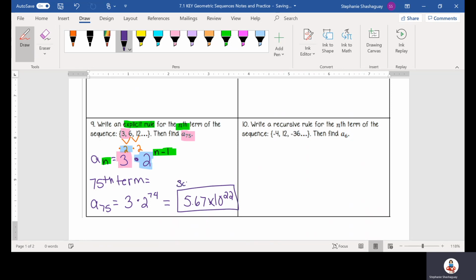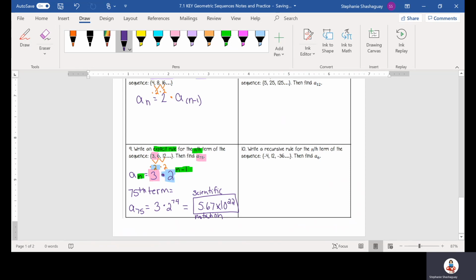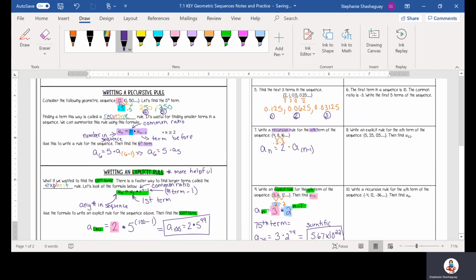We used scientific notation here. Don't worry, I saved the easier ones for you. That's just a really difficult example.